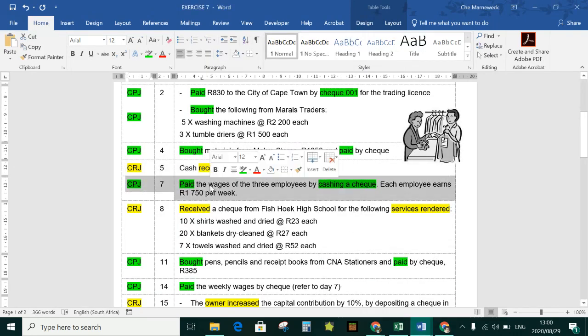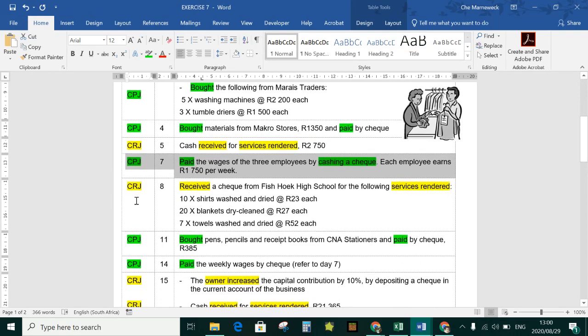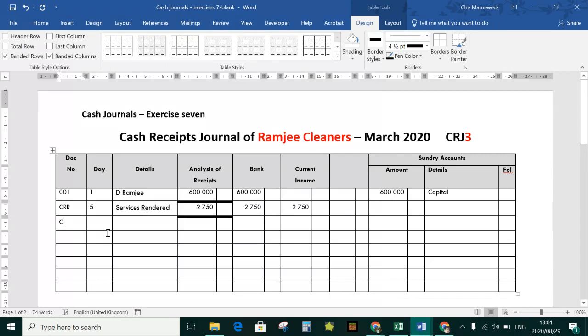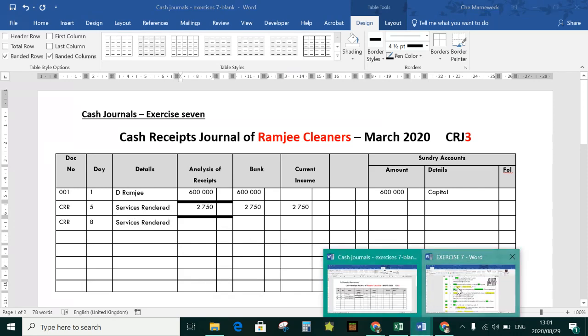So day 7, that's not the cash receipts journal. We leave it alone. We're concerned with day 8. Received a check from Fishhook High School for the following services rendered. Okay, we're going to have to do some calculations. But first we can record services rendered, cash register roll. This is happening on day 8. We need to work out how much money we've received.